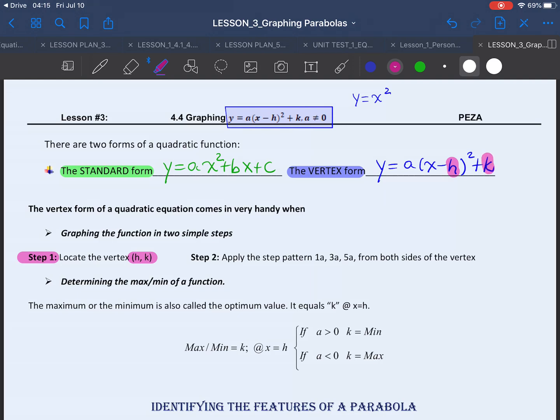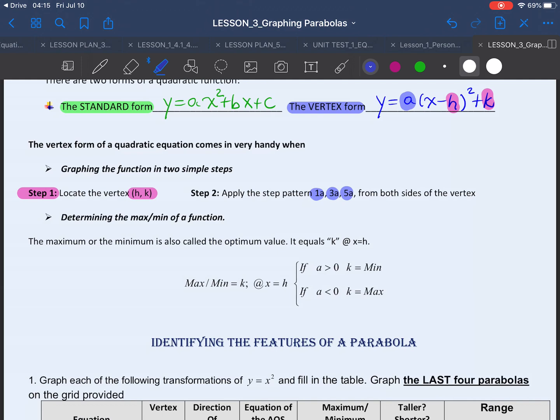So here goes h and here goes k. And in step 2, we simply apply the pattern, which goes this way, depending on the coefficient a: 1a, 3a, 5a, and we can continue on with 7a and the rest of the consecutive odd numbers.